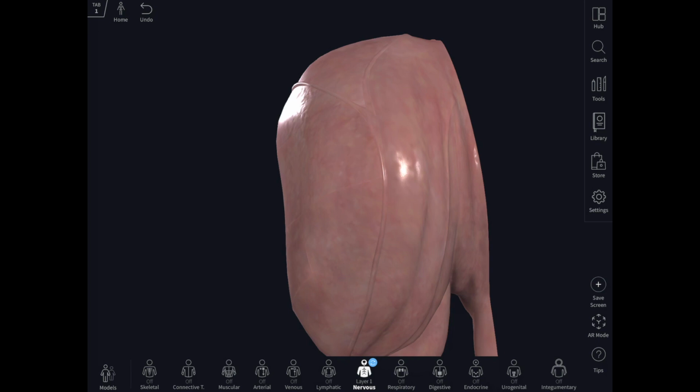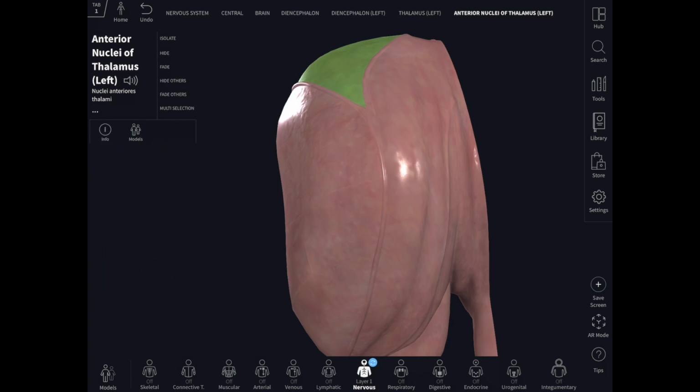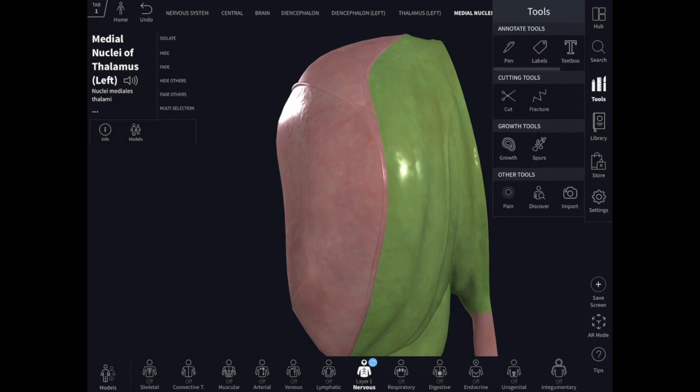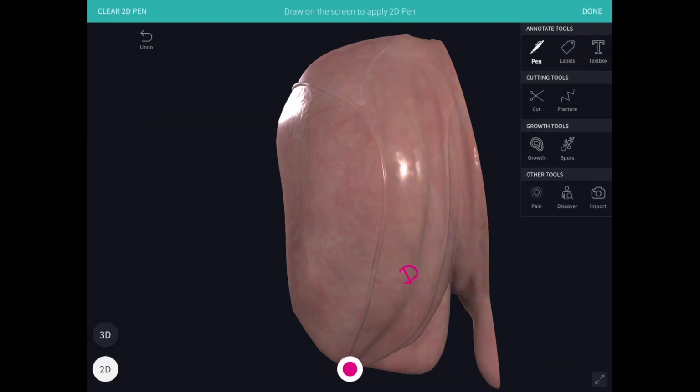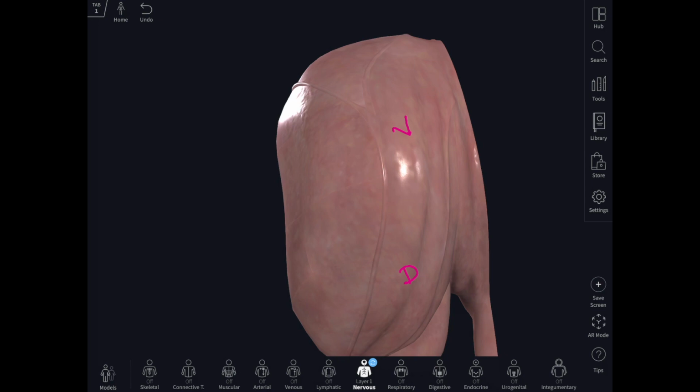Now we'll see the nuclei in the model. So this is the anterior nucleus and this is the medial nucleus. The subdivisions of the medial nucleus are not shown here. So you have a medial dorsal and medial ventral nucleus, here the medial dorsal and here the medial ventral nucleus. Then you have the lateral part.